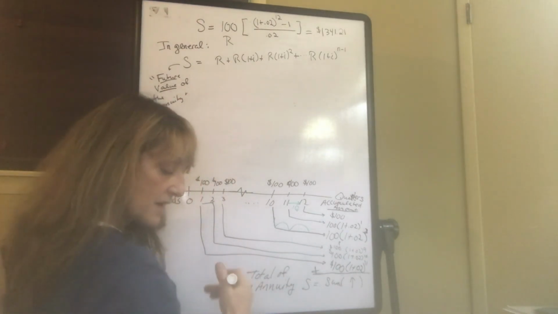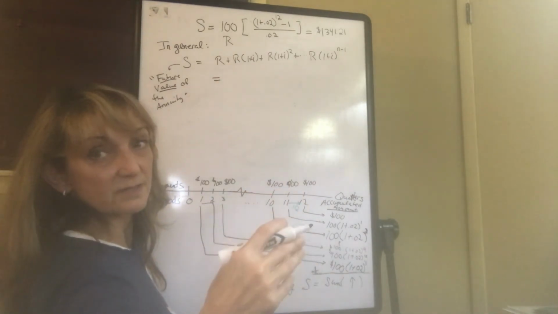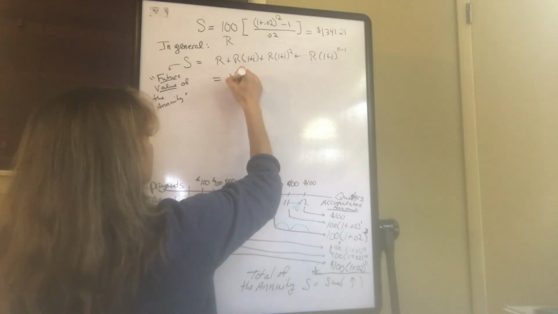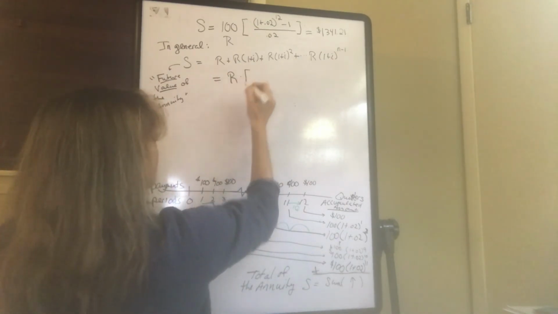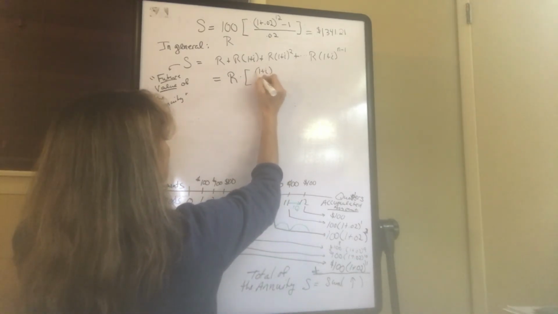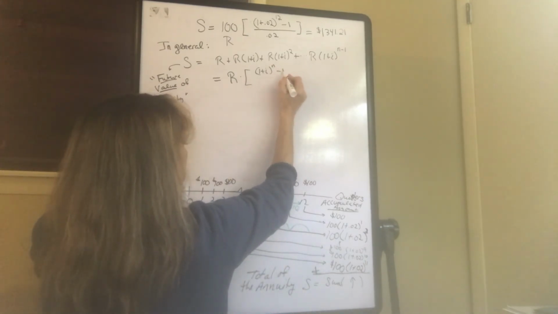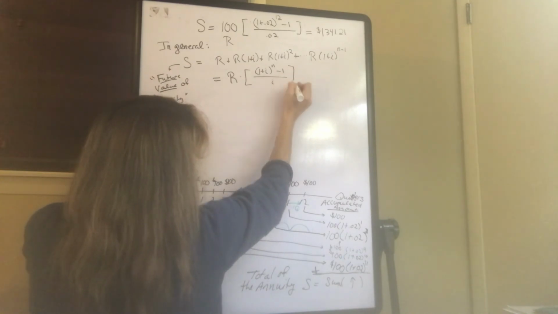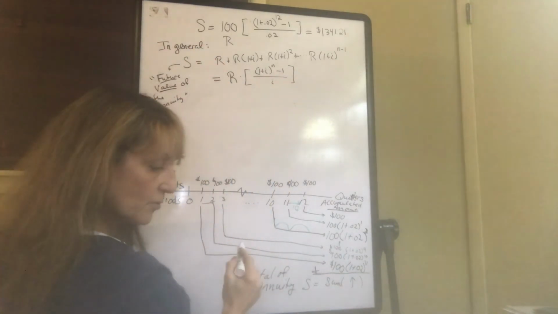Okay, so it turns out that you can derive this once you get to calculus. You can learn some techniques that show that this is equal to R times the product of 1 plus I, the one I gave you right up there, raised to the N minus 1, over I. All right, so that's the formula for the future value of the annuity.